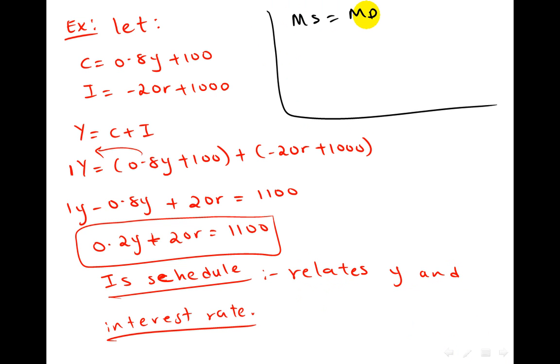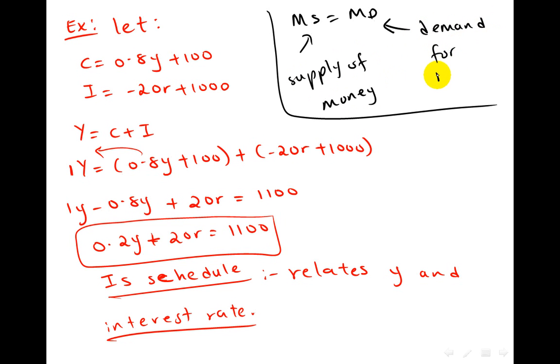MS is the supply of money. And what's MD? MD is the demand for money. So only when MS equals MD can we say that the market is at equilibrium level.